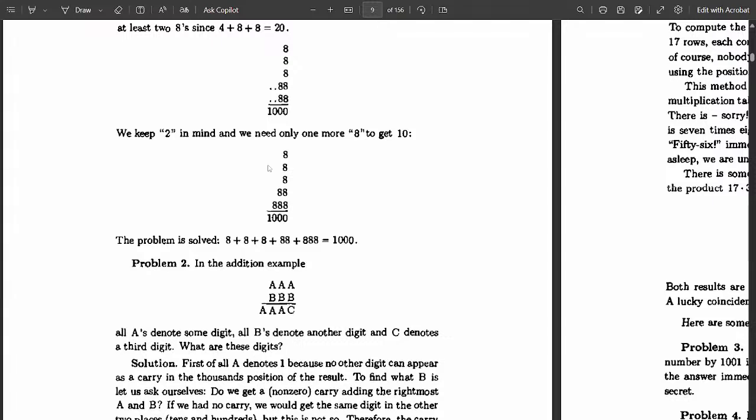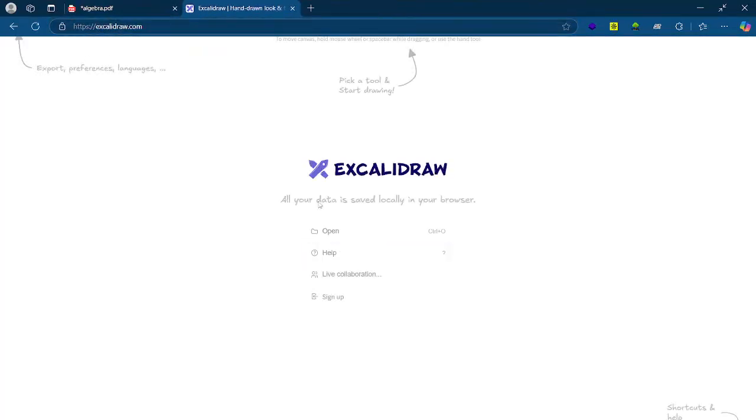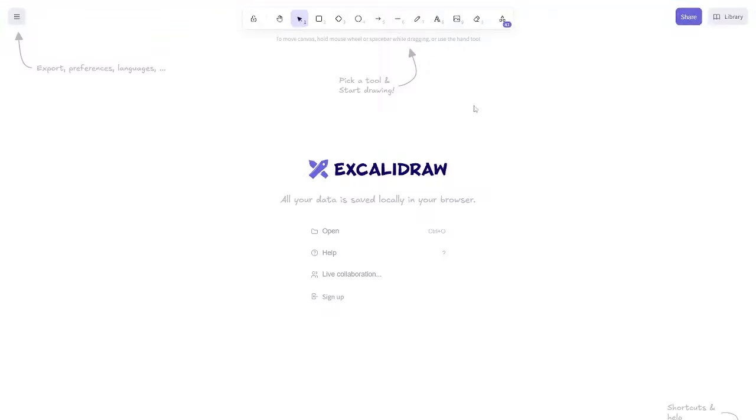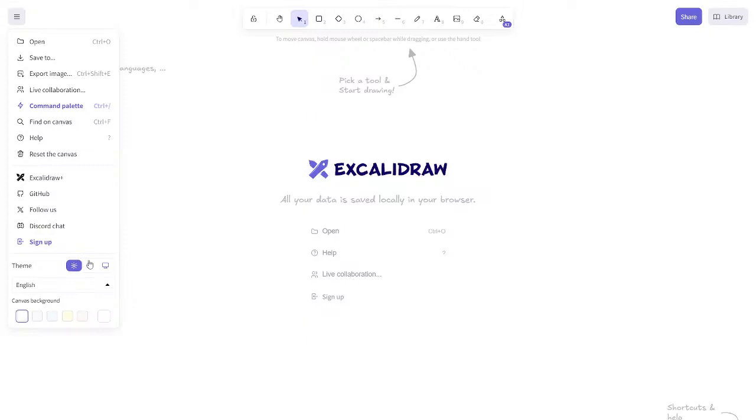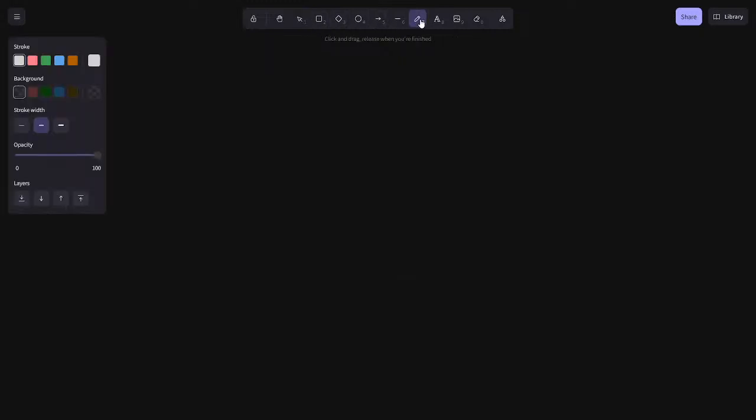Okay, let us treat it like a carry drawing. I'm really bad at drawing with a mousepad, but still, let us try.